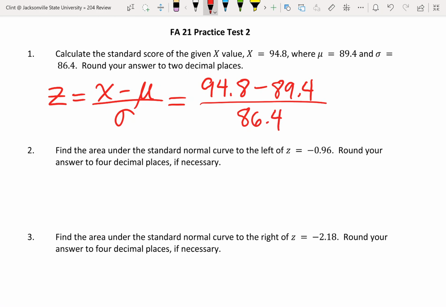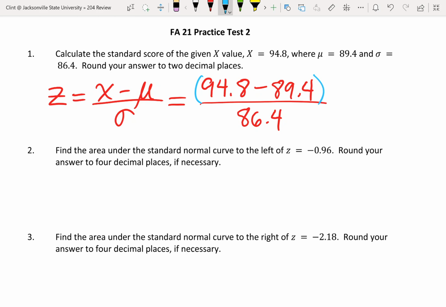Just remember, if you're punching this all into your calculator at once, you want to put parentheses around the top. Most of the time, I just do the top, hit equal, and then divide. So I'll do 94.8 minus 89.4, hit equal, and then divide by 86.4. That's just a matter of preference.